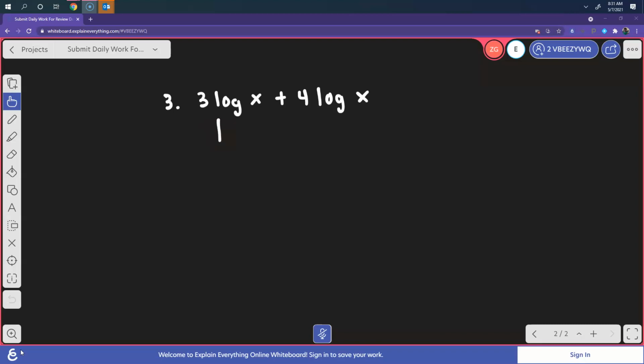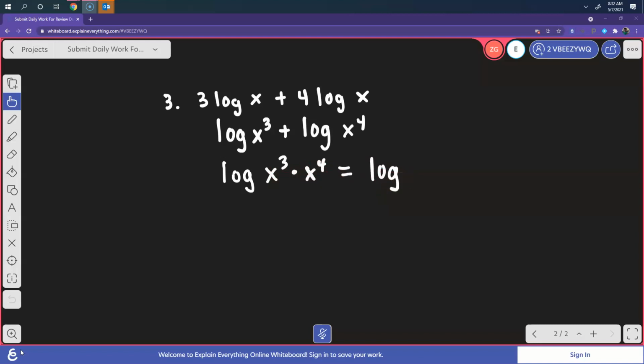So you have log x to the 3rd plus log x to the 4th. And then we can make this into a single log. So you have log of x to the 3rd times x to the 4th, which will become log base 10 of x to the 7th.